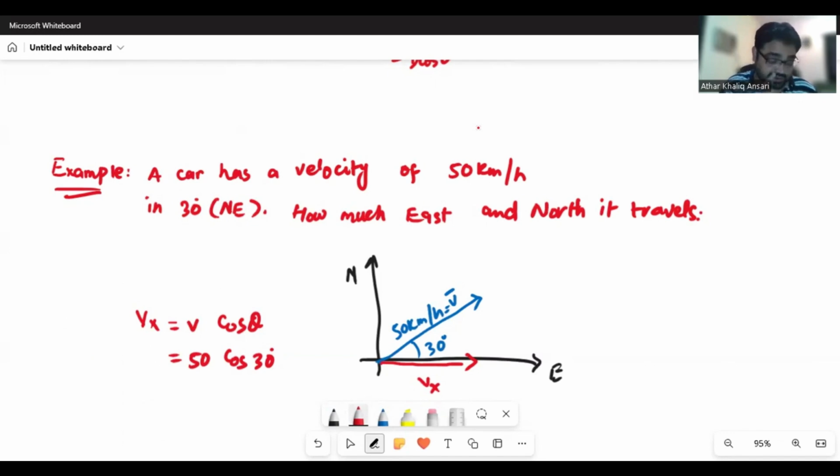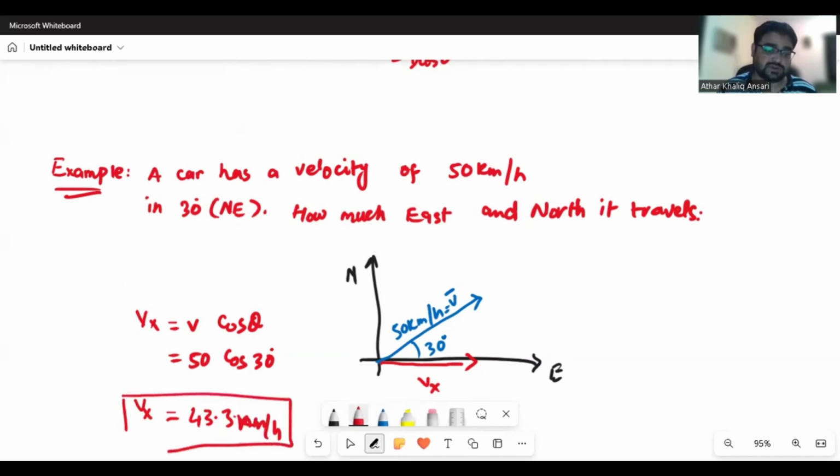The answer I got is 25 root 3, and in decimal this is 43.3. So eastward, the velocity is 43.3 kilometer per hour.